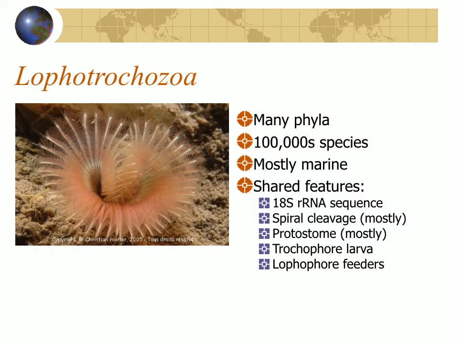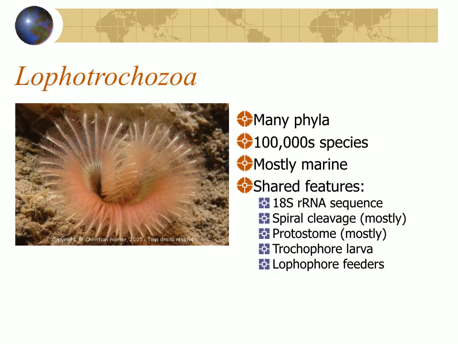Then the big group of protostomes are a bunch of animal phyla that form the mouth first, and we divide these into two kind of supergroups. The first of these is the Lophotrochozoa, which contains hundreds of thousands of species in many animal phyla.